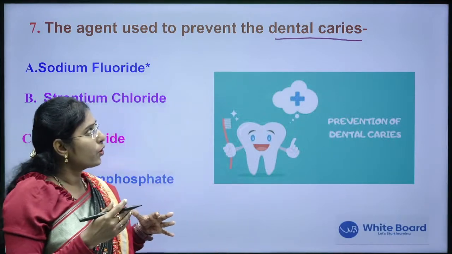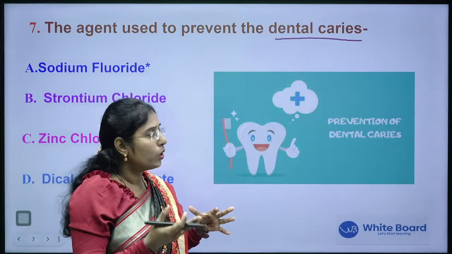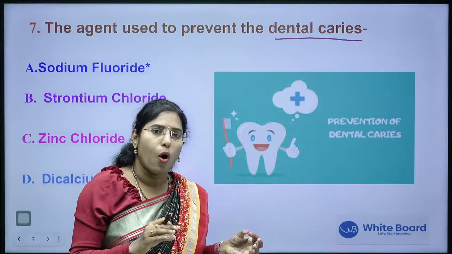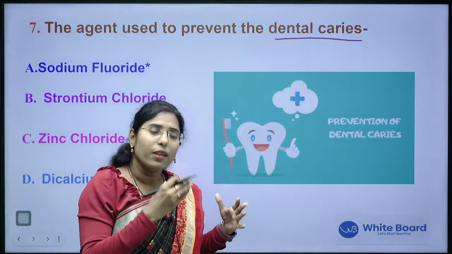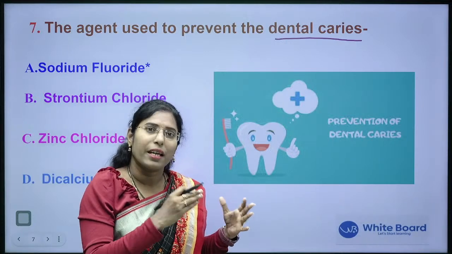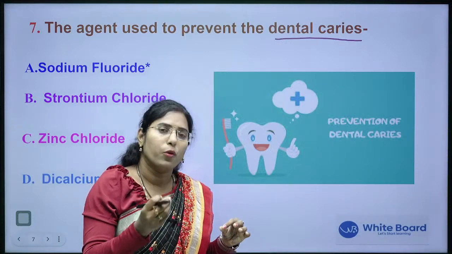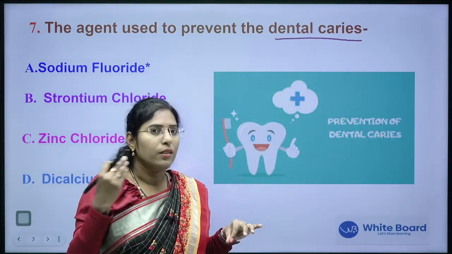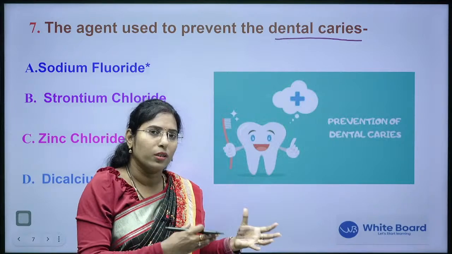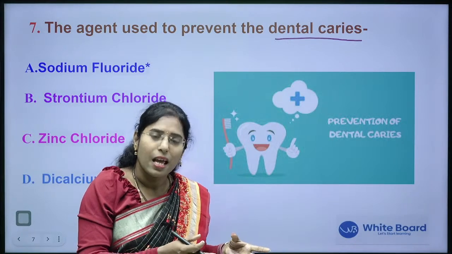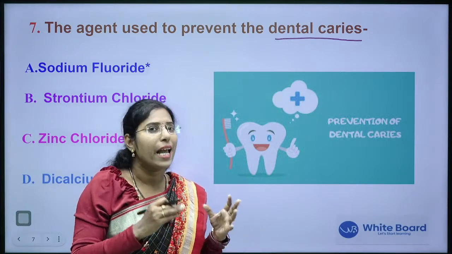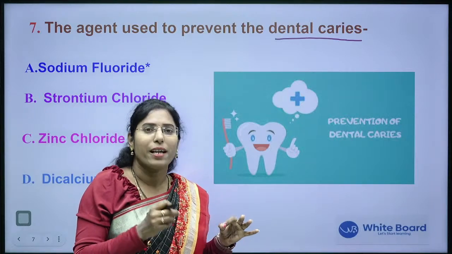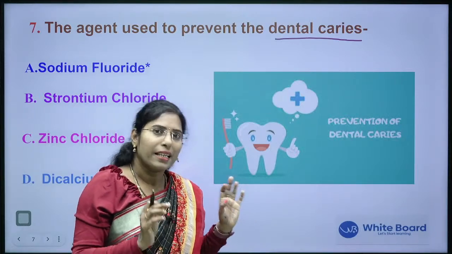That is due to the acids produced by microorganisms acting on the food remnants present in the crevices of the teeth. The microorganisms release acids, and because of those acids, decalcification takes place and finally it leads to the formation of cavities.